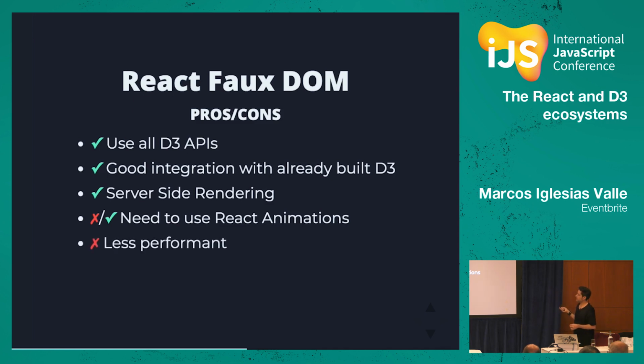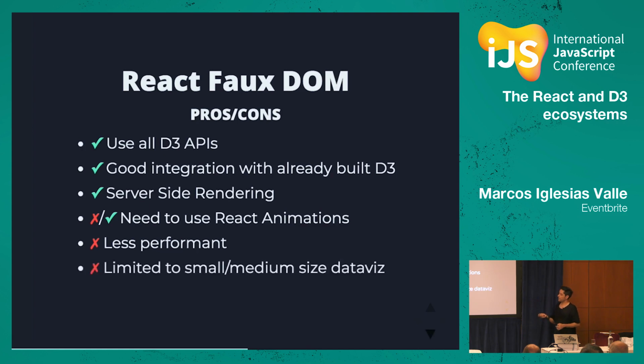The really bad thing about this approach is that it's less performant, so it will be limited to small and medium-sized datasets. And why? Well, it kind of feels normal, right? Because we have React that has a virtual DOM, and on top of this one, we're going to put another fake DOM, and then we're going to put D3 creating this chart.